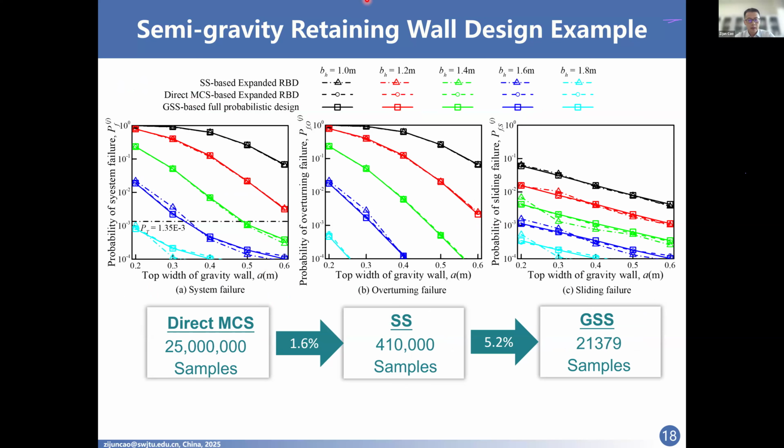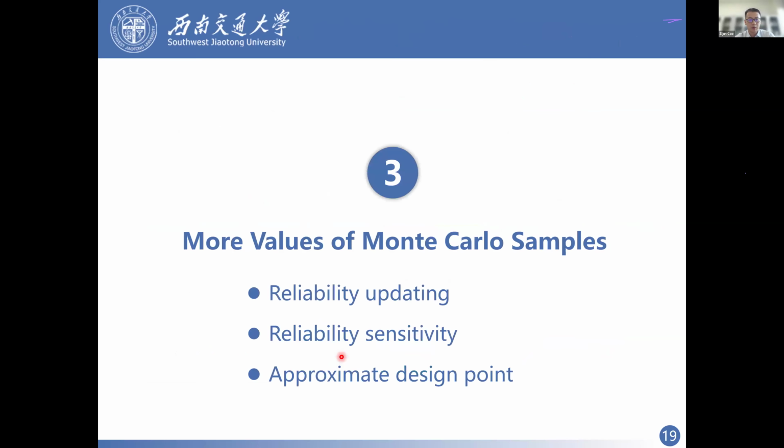We can see that with the advanced simulation methods, the number of samples needed to achieve reasonable accuracy of reliability calculations is much smaller. The computational efficiency is key to Monte Carlo simulation. Beyond reliability calculations, Monte Carlo samples can also provide more value in reliability updating, reliability sensitivity, and approximate design point identification.